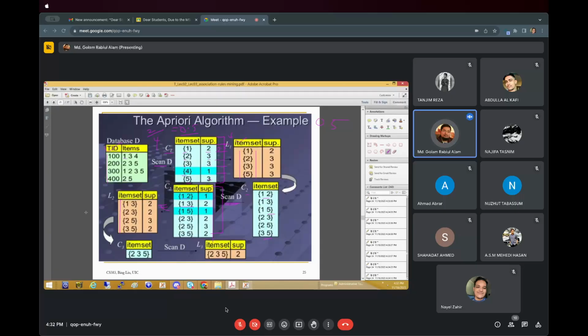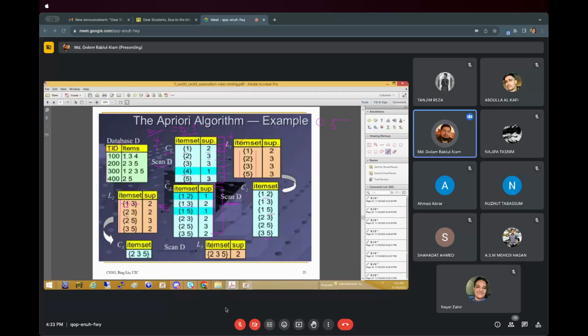Now again we have to apply candidate generation. To combine the 2 items, the subset of k minus 1 must be matched. Here is 1, but none of the item sets has started with 1, so we cannot combine anything with this subset.